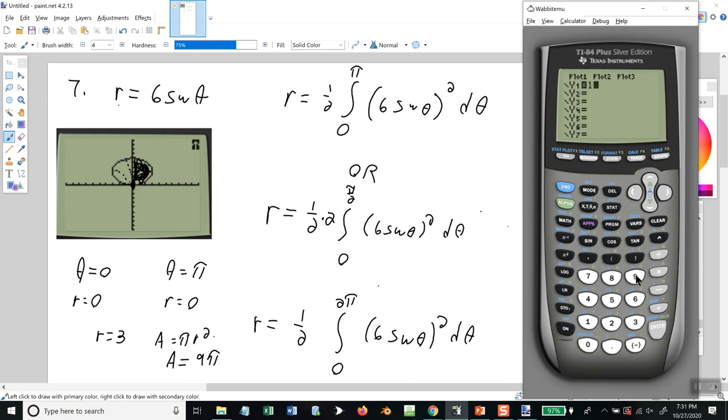So 1 divided by 2, beginning parentheses 6 sine x, closing parentheses, squared.